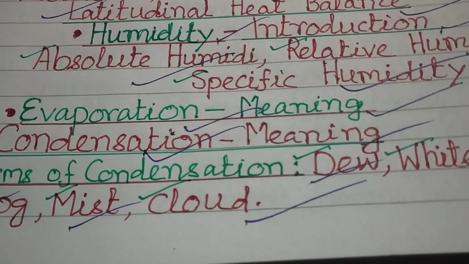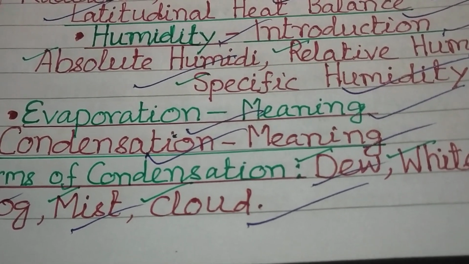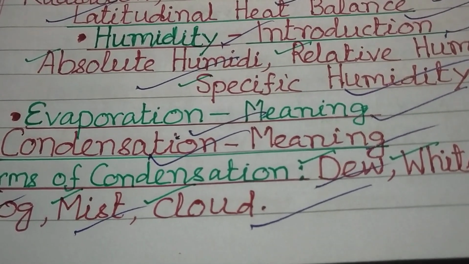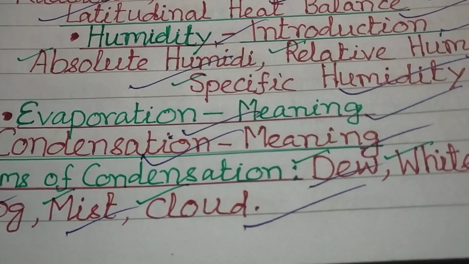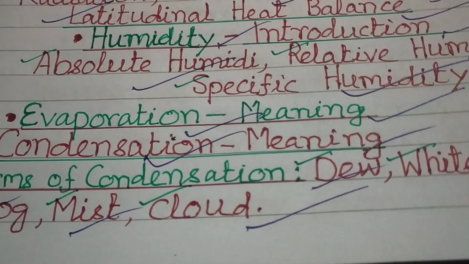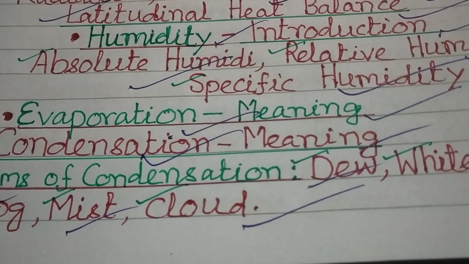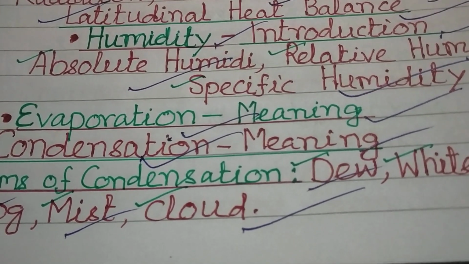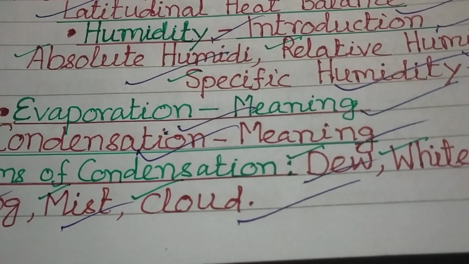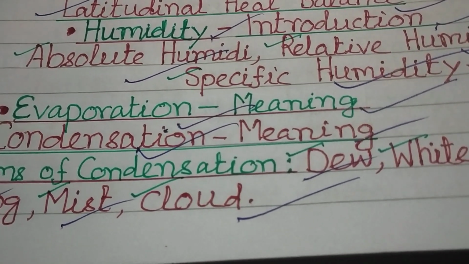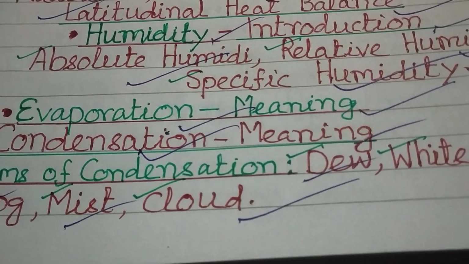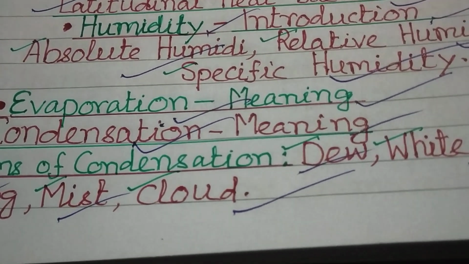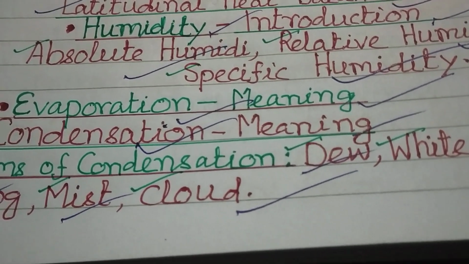Fogs formed by condensation of warm air when it moves horizontally over a cold surface are known as advectional fog. These fogs are thick and persistent.